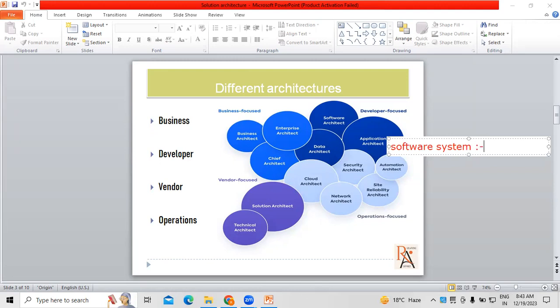Okay, right. So if it is a software system, whenever we are developing a software architecture, when you talk about a software system, normally this software system consists of, one, containers. Of course, nowadays we are using Docker and all.